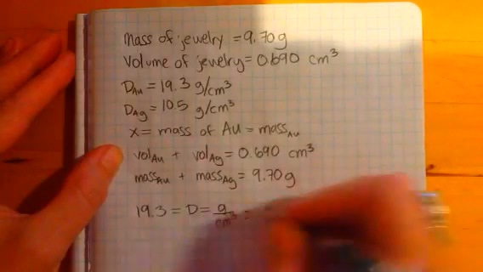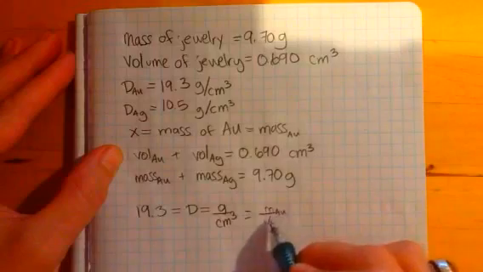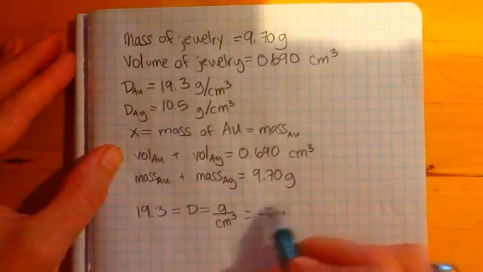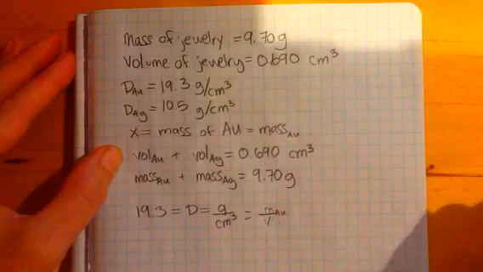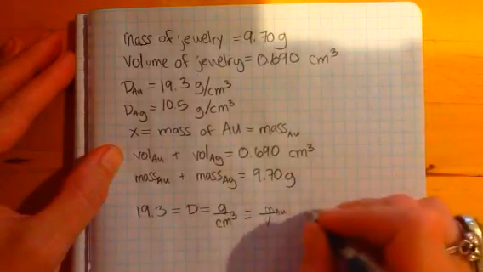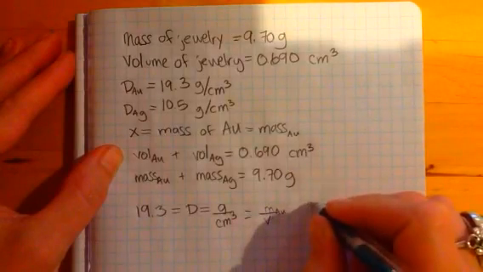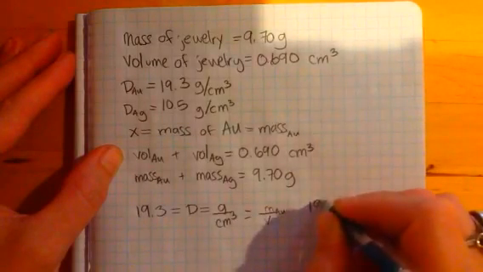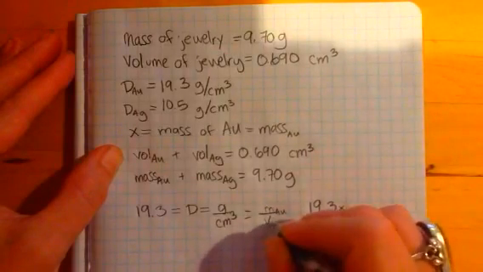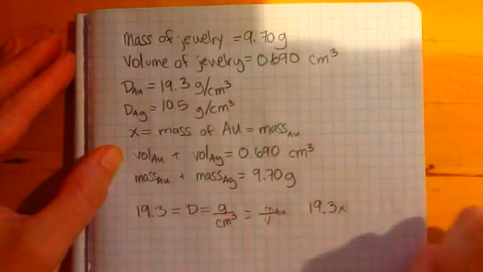What I'm going to solve for right now is this mass, the mass of gold. I need to rearrange this equation in order to solve for the mass of gold, and then we're going to plug it into some equations in a moment. Rearranging, we multiply both sides by the volume of gold.